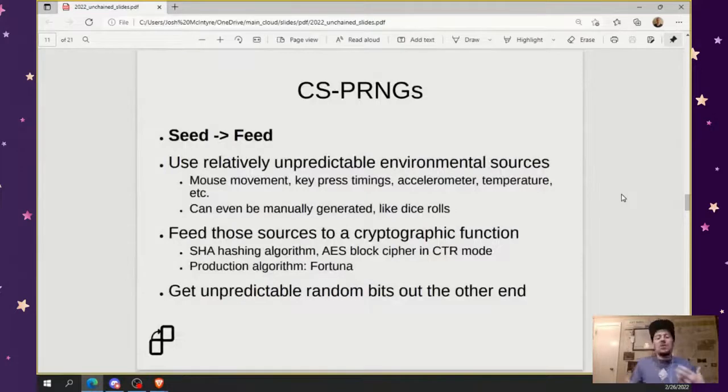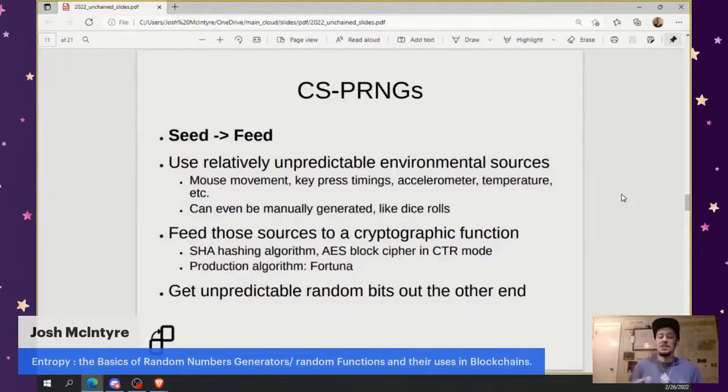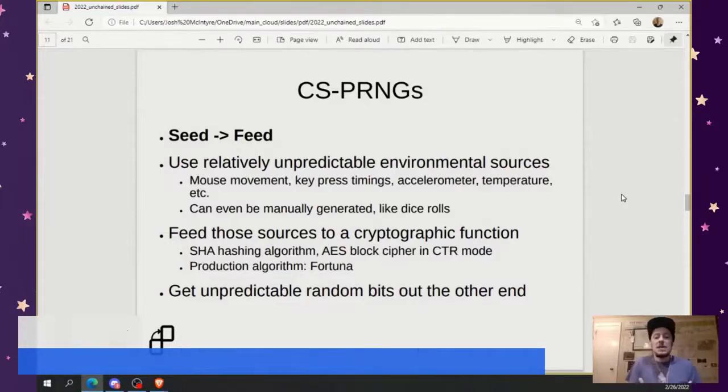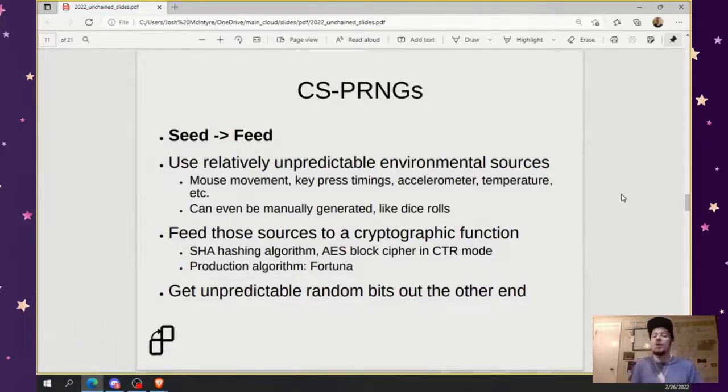Now, how do these crypto secure sources actually work? They use a mechanism that I like to call, as an easy way to remember, seed and feed. Again, computers are really predictable by nature, so we still need, for our random functions, to harvest some amount of random data from the environment around the machine.